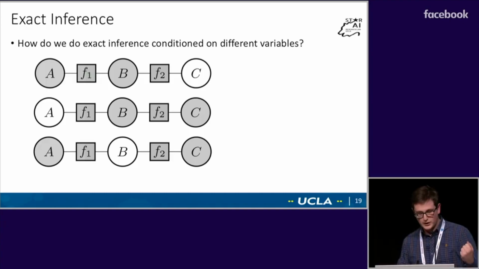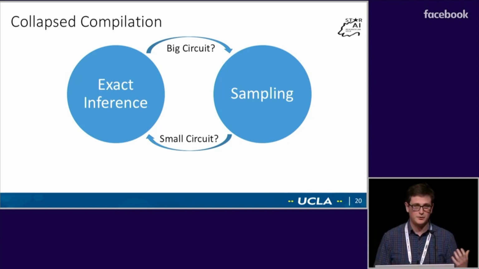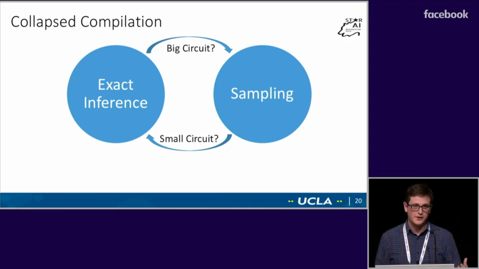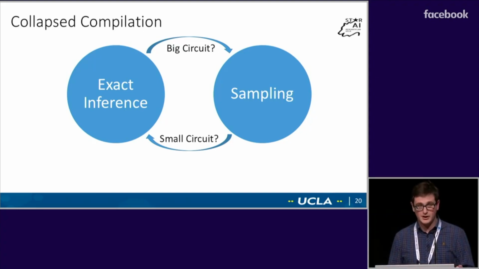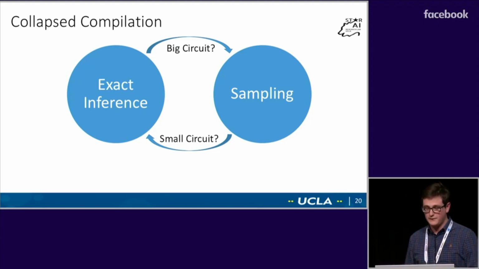Okay, so I'm now going to introduce the way that we do all these things, that we implement our sampler, in what we call collapsed compilation. The idea here is that we can go back and forth between doing exact inference and sampling. In our exact inference phase, we use knowledge compilation. We incrementally build a circuit that represents the factor graph. We go factor by factor.